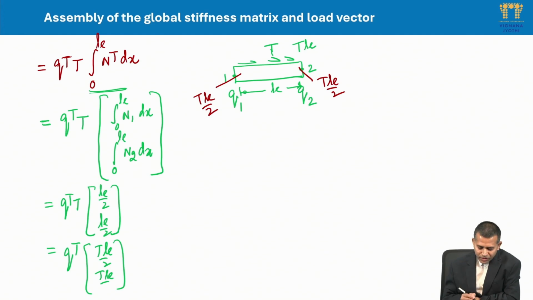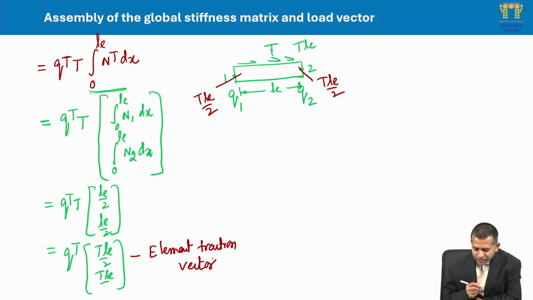So this is how you can write this element traction vector. And when you talk about point loads, wherever we have a point load, we'll just add it up in the final matrix.